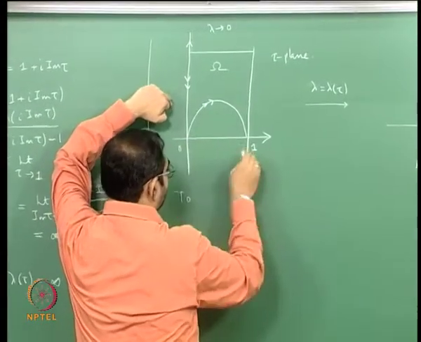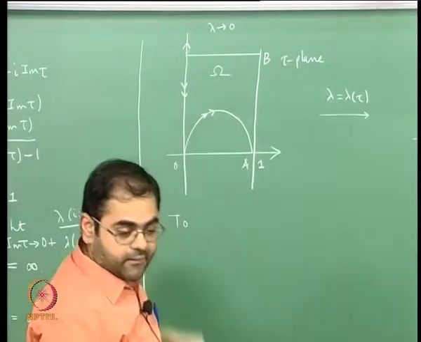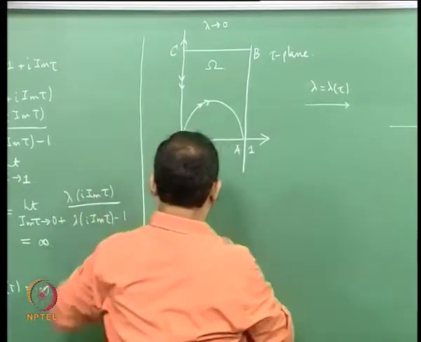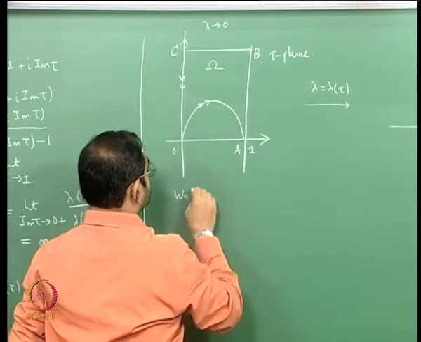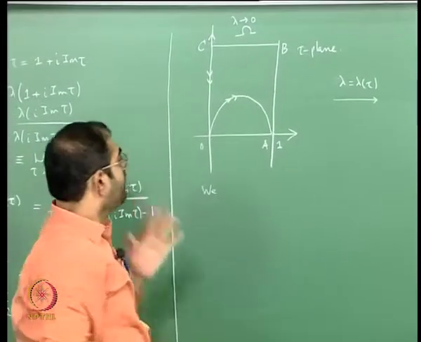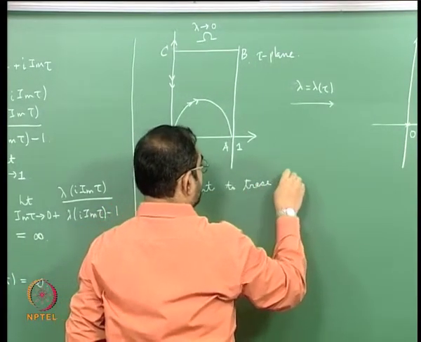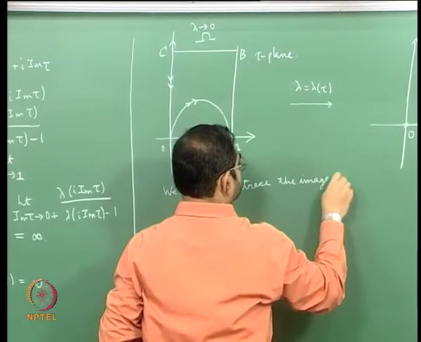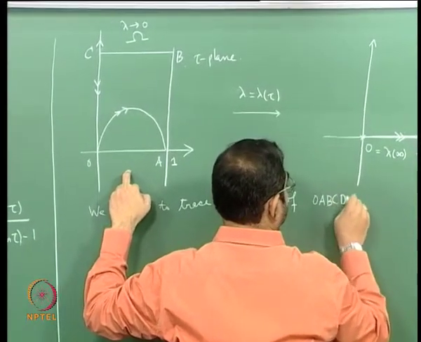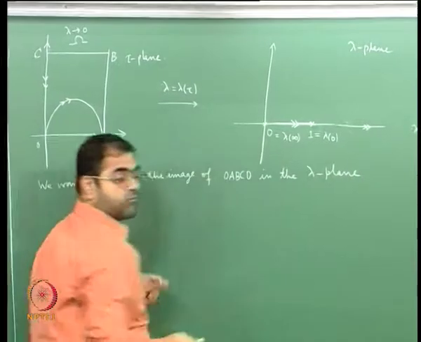I will call the origin as O, let me call this as A, then let me call this as B, and I will call this as C. And the question is, and let me put lambda omega above, what we want to know is we want to trace the image of this curve OABC in the lambda plane. See, this is what we want to do.